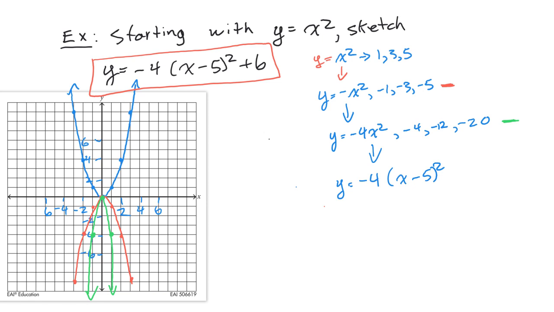So all of the base points for the green graph have to move to the right 5 units. We'll use purple for that. Go to our green, and from the vertex, we count 5 units to the right.